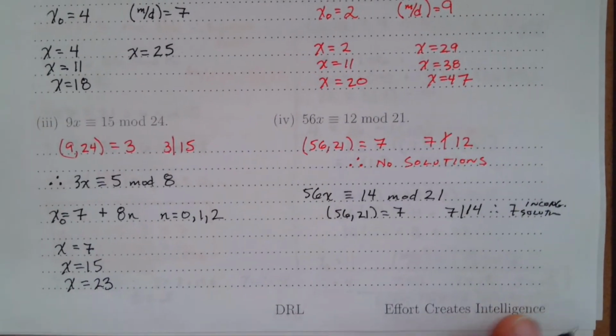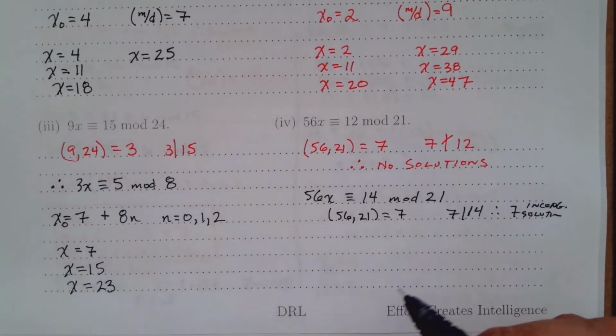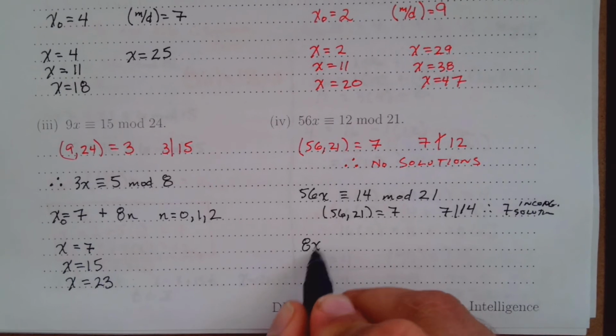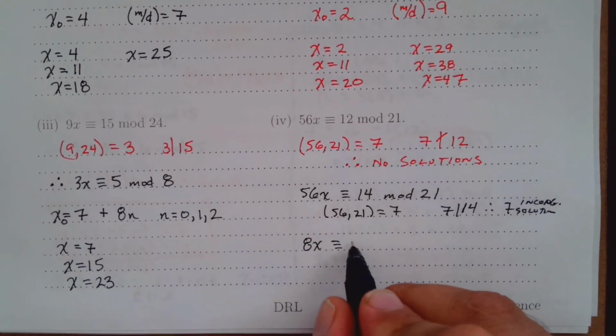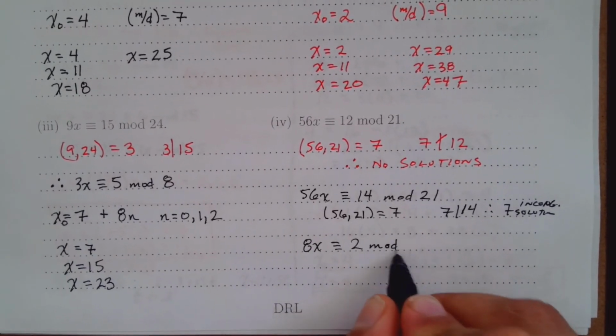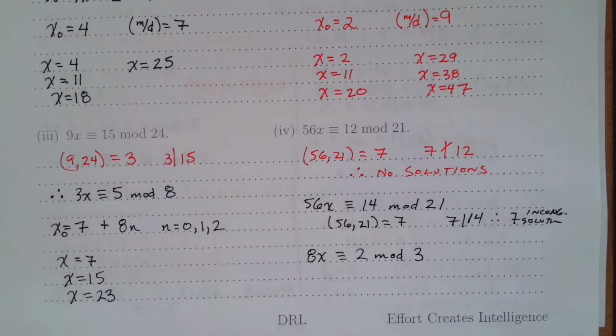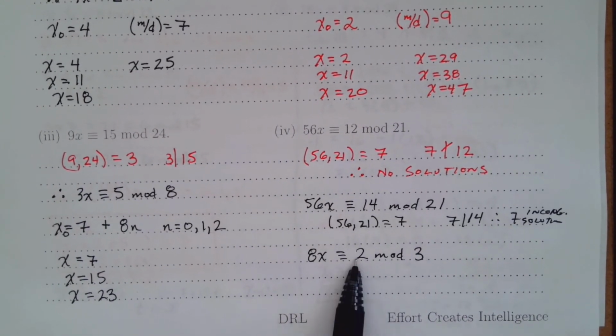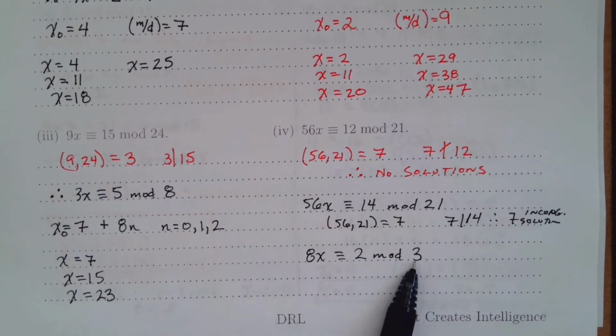And we would be able to divide everything by 7, and that would give us 8x being equivalent to 2 mod 3. And so we'd be saying I need to think of a number times 8 that's going to leave me with 2 left over on division by 3.